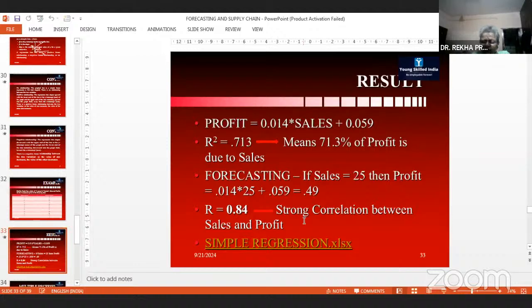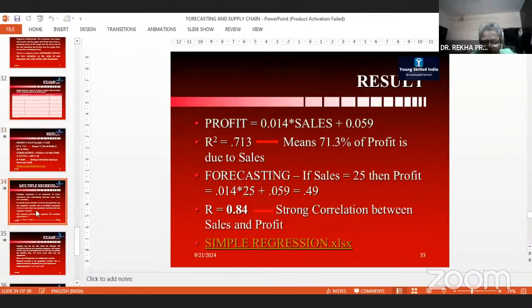Negative will be when x moves, y will go down. If there is no correlation, R will be 0. So R moves from -1 to +1. So there is a strong correlation between sales and profit. That is what we draw from this equation. Is it clear? Yes, ma'am.